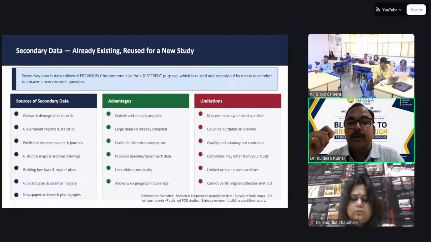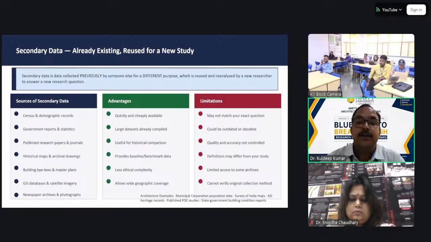Now, where does this secondary data come from? It comes from published research papers or academic journals, historical maps, census or demographic records, newspaper archives, building bylaws, master plans, or condition reports, some from the state government, etc. Let's see the advantages of secondary data.